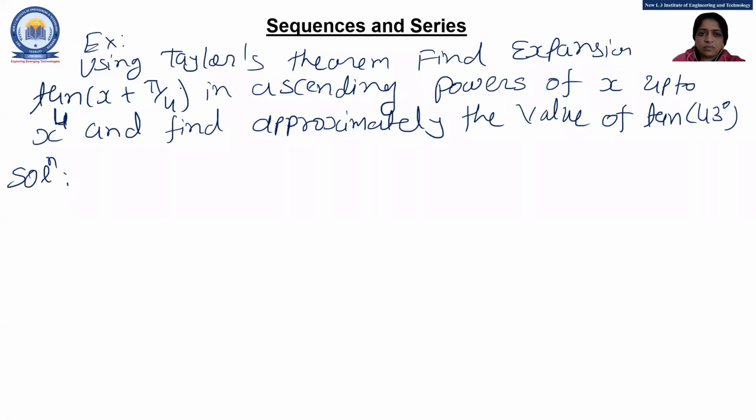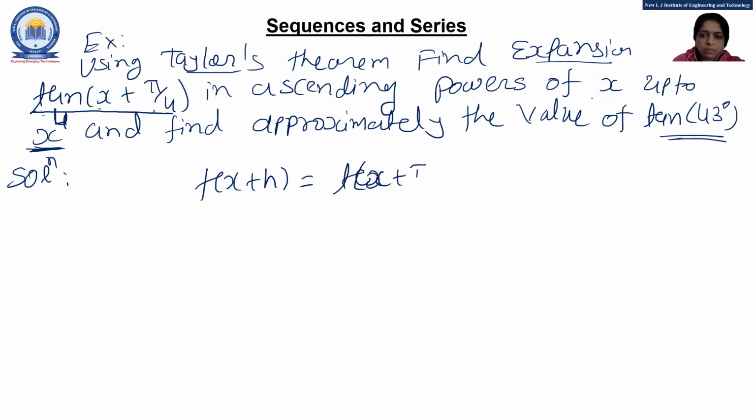In this case, using Taylor's theorem, they want the expansion of tan(x plus pi by 4). So this is our function, right? Tan(x plus pi by 4) in ascending powers of x up to the term x raised to 4. And they also want the approximate value of tan 43 degrees. So f of x plus h is equal to tan(x plus pi by 4), right?